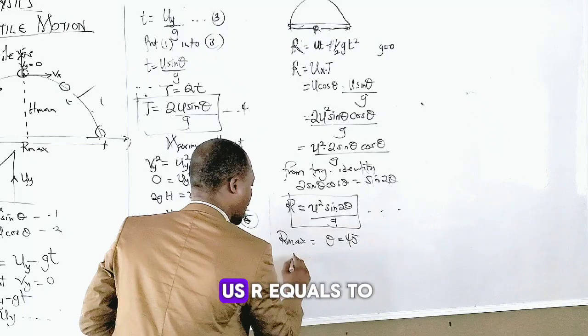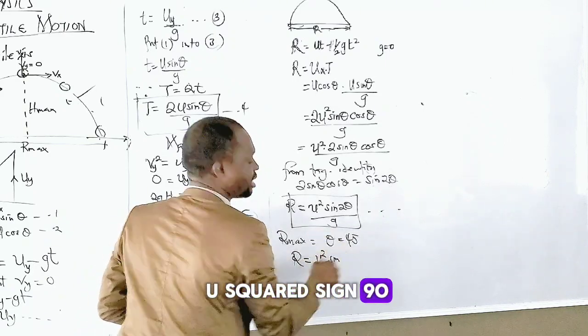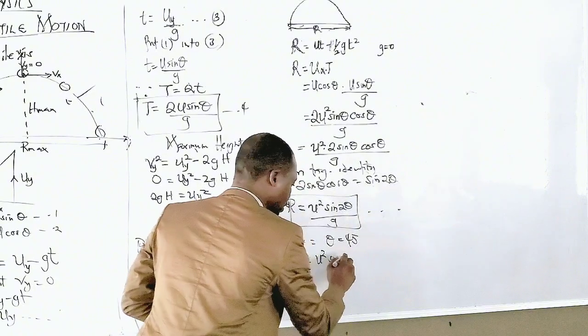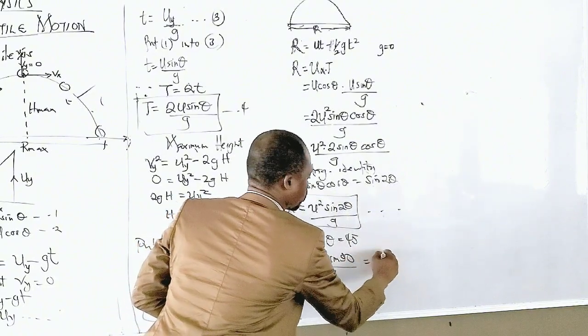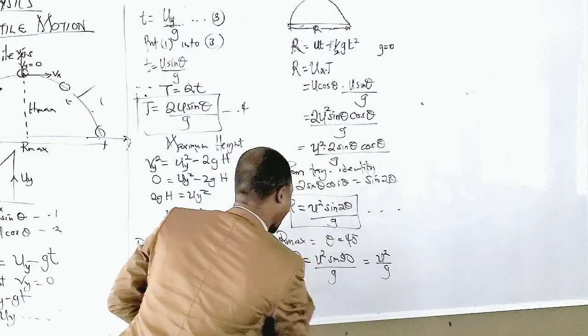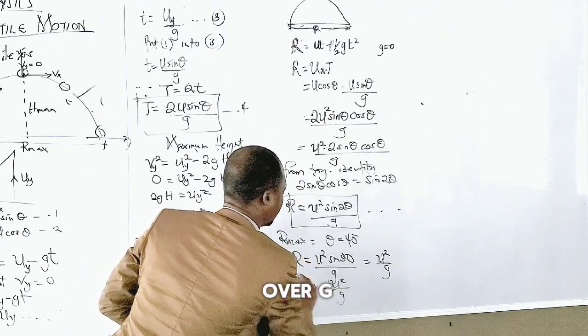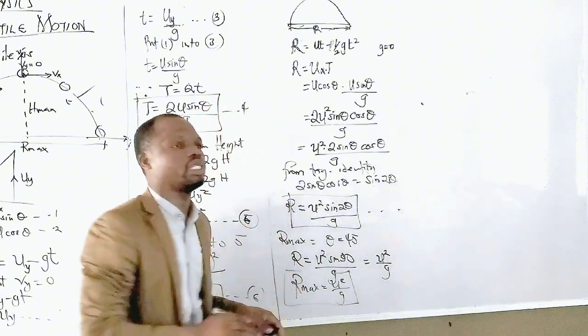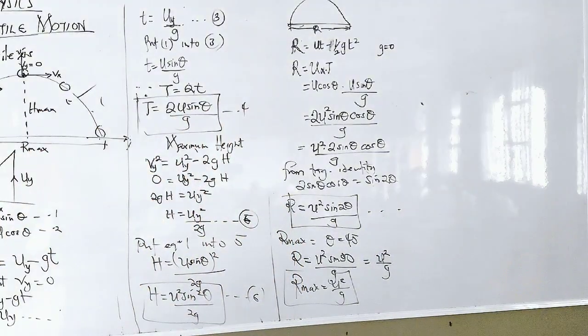This will give us R equals u squared sin 90. Sin 90 is what? 1. Are you following? So this will give us u squared over g. So the formula for R max is u squared over g. That's how to derive all the equations of projectile motion.